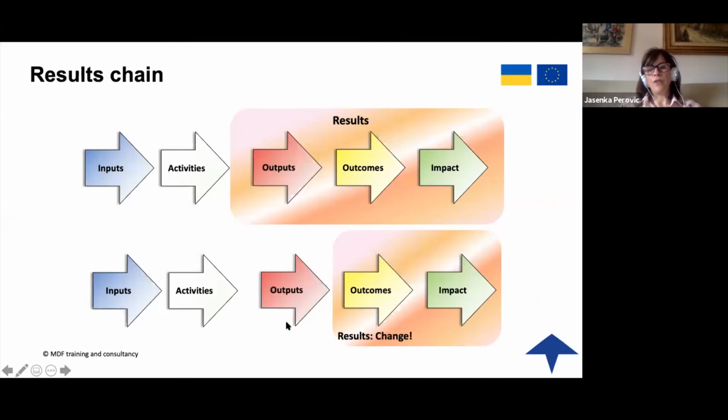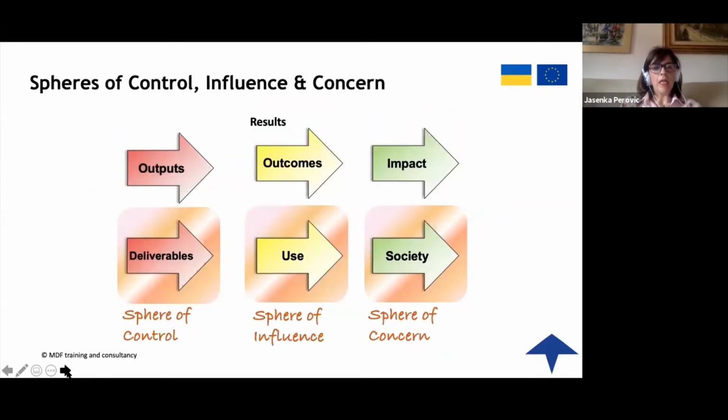At the level of the outcome and the impact, this is where real change is happening, where change takes place. This is important to understand. You, as the organization implementing a project, cannot control everything, but if you design your project idea properly, then the outputs are really your sphere of control.